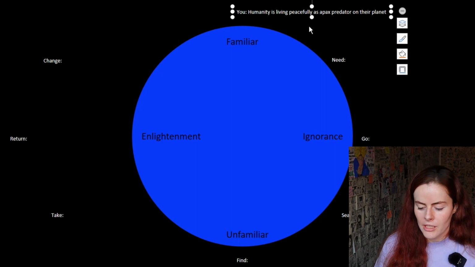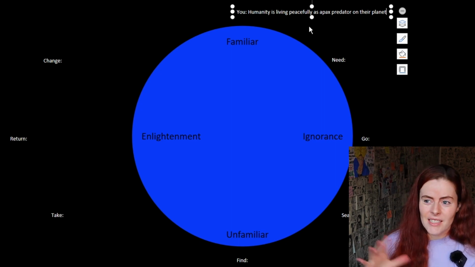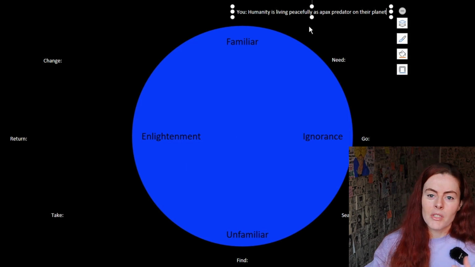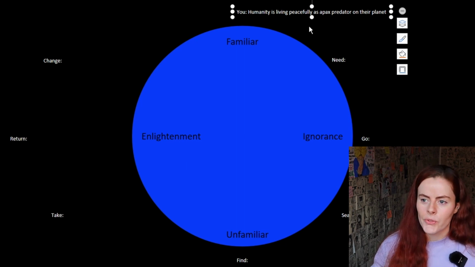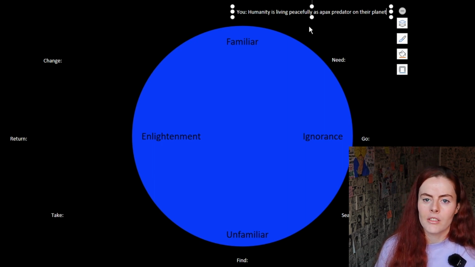That would have been a better word than apex predator, which sounds very dramatic. It's establishing a world similar to ours, probably not actually our world, but a copy of it, where humans are the dominant species, so that when this other threat comes, it's very much a shock to the system.